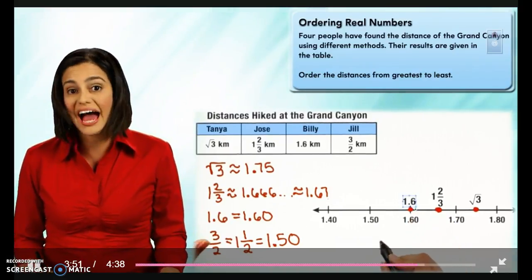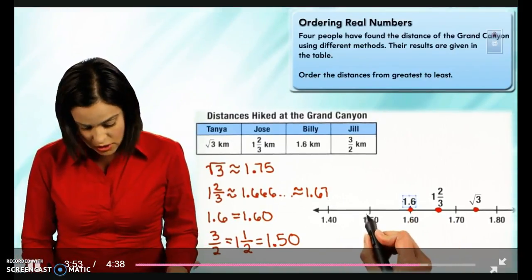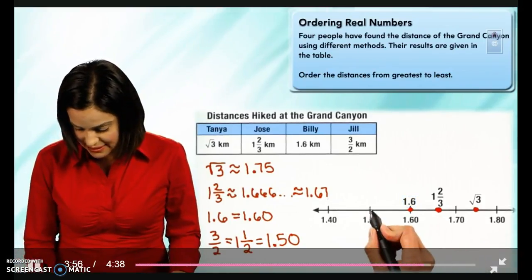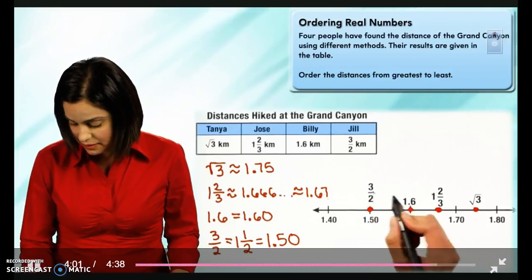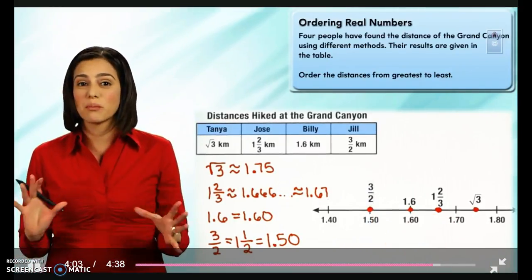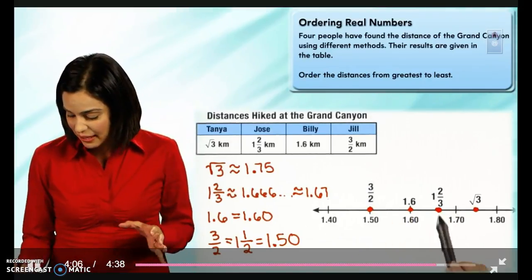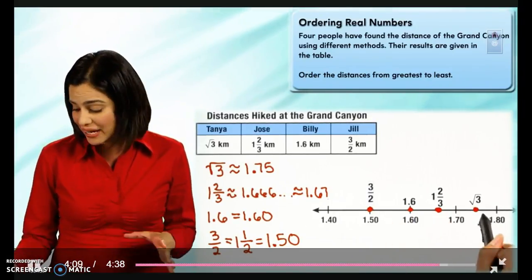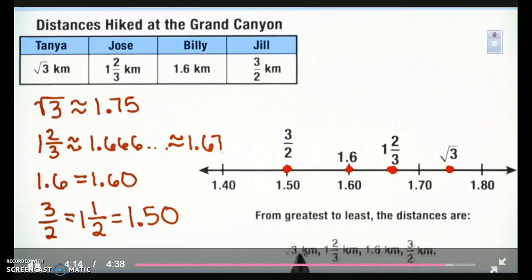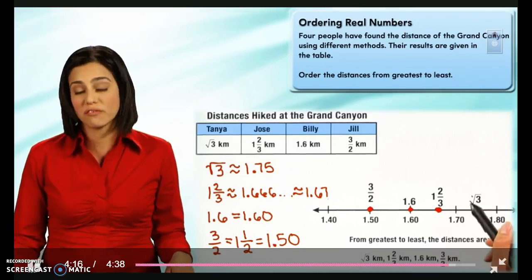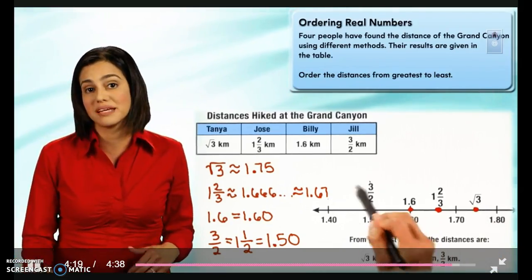And finally we have 3/2, which is also exactly right here. Now that our numbers are on the number line, it's really easy to see how to organize them from greatest to least. Okay. So our greatest number being square root of 3, and then the smallest number being 3/2. And there you have it. Have fun exploring new heights with real numbers. See you next time.